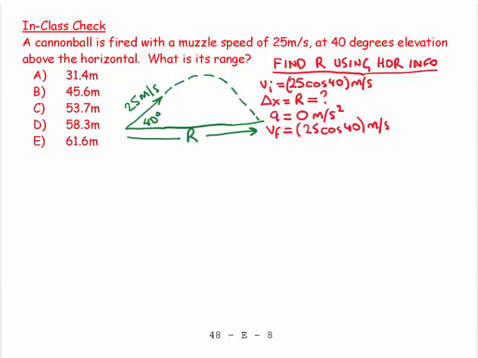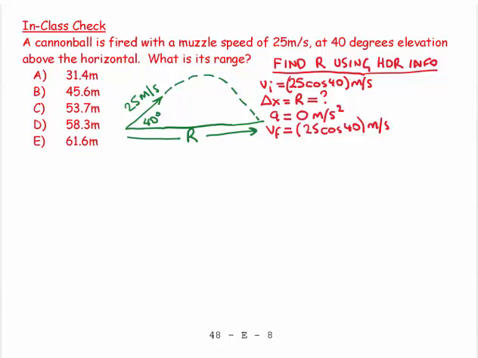Remember that these equations cannot be used inside the firing device or once the object has touched any kind of object, because the acceleration has changed. So the final velocity is not 0, that's a common mistake. And it is truthfully 25 cosine 40 meters per second.